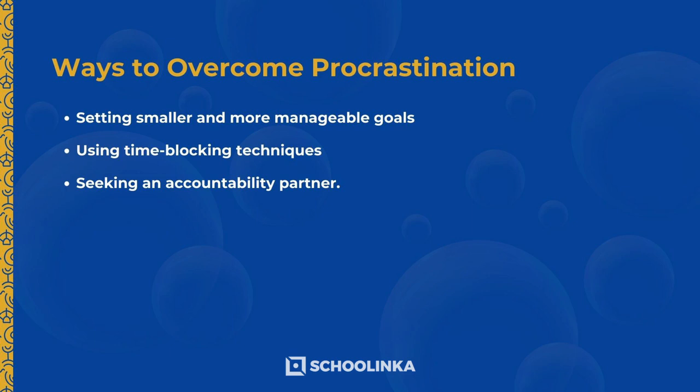Then you develop strategies in which you and the learners can overcome this procrastination. You can help them by setting smaller and manageable goals. You can also help them with time blocking. You can pair them with an accountability partner, someone that will help, guide, and remind them to do their assignments on time.